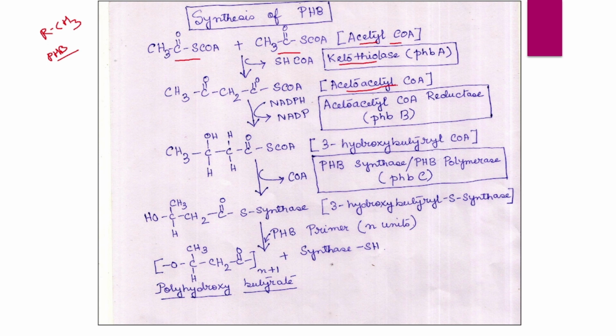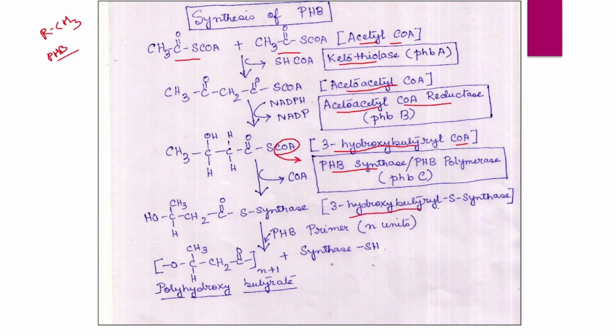Now the next step is the reduction of this acetoacetyl CoA by the enzyme acetoacetyl CoA reductase to form 3-hydroxybutyryl CoA. Then the coenzyme A molecule is released from this 3-hydroxybutyryl CoA by the action of the enzyme PHB synthase.